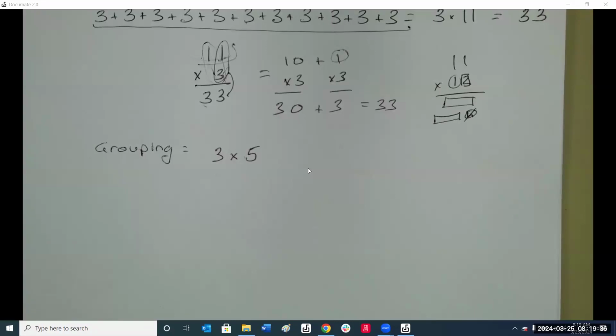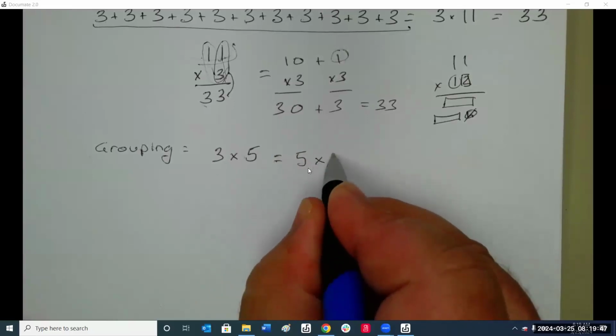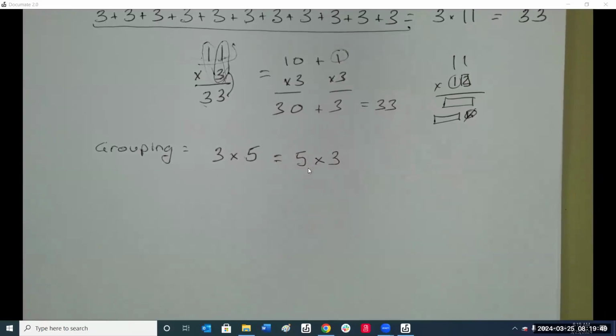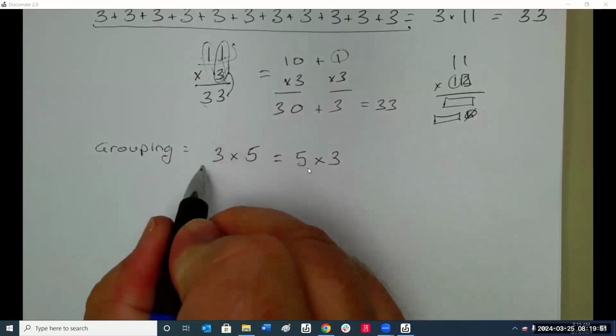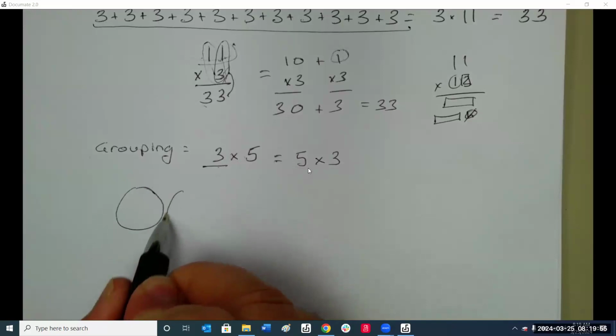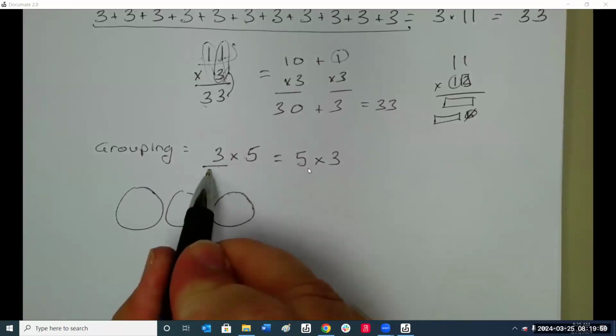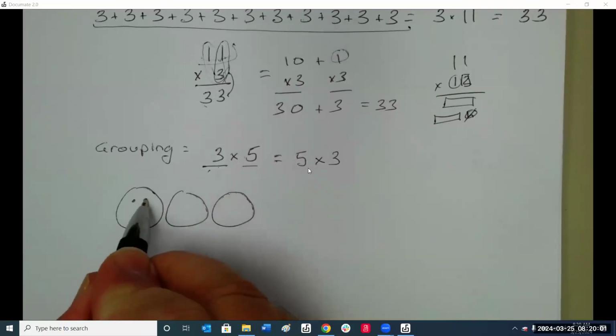Remember, the kids also learned the properties, hopefully, the commutative property, which also means the same as this. We could say that we have 3 sets. Inside each set, we have 5 dots.